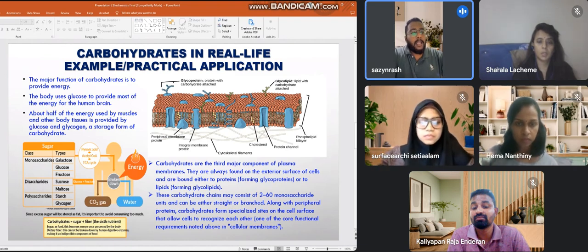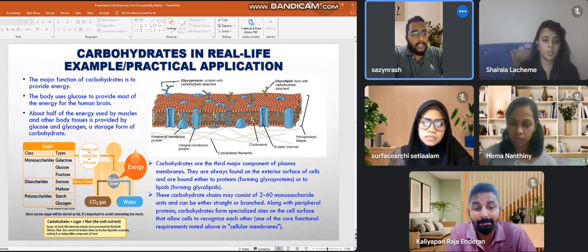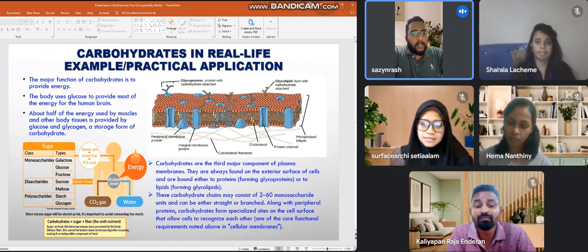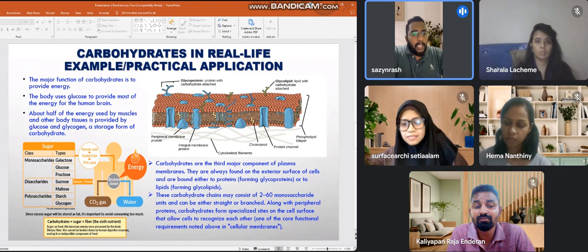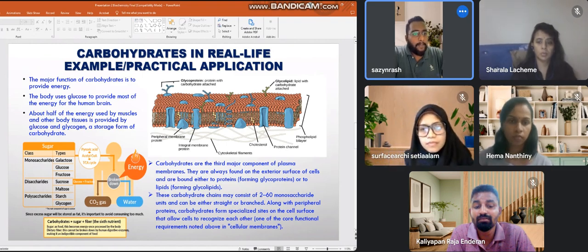Okay, carbohydrates are the third major component of plasma membranes. They are always found on the exterior surface of cells and are bound either to proteins forming glycoproteins or to lipids forming glycolipids. You can refer to the image above. Okay, how it bonds together on the exterior surface of cells.